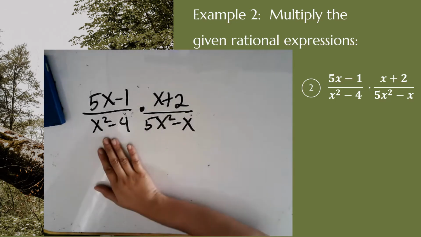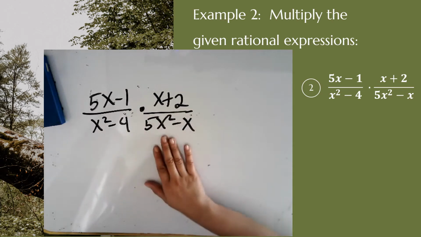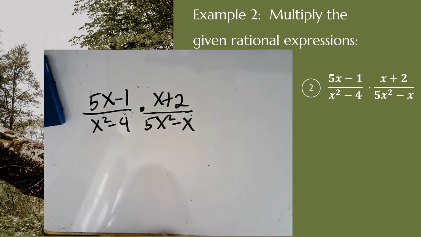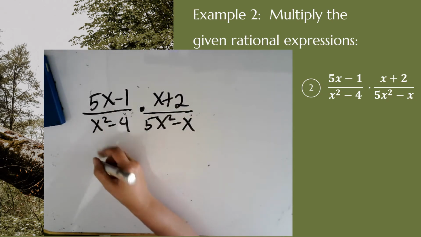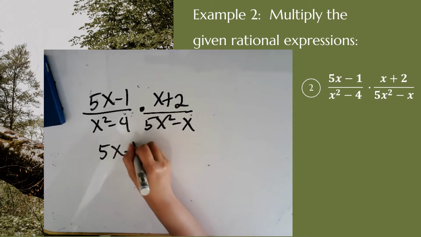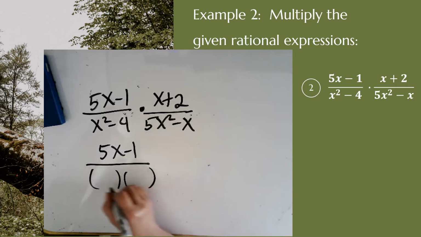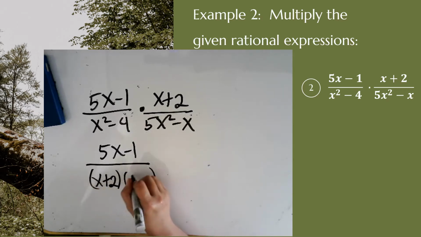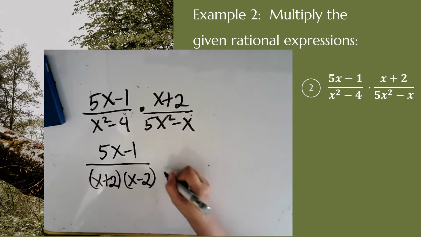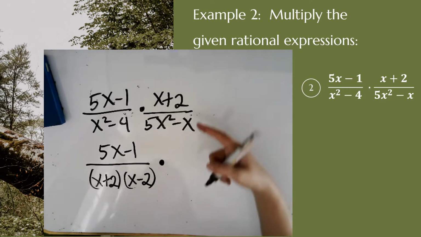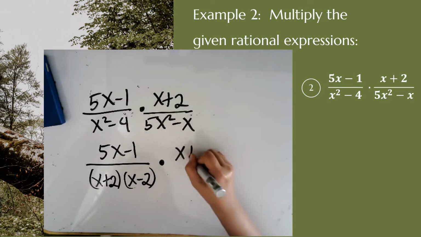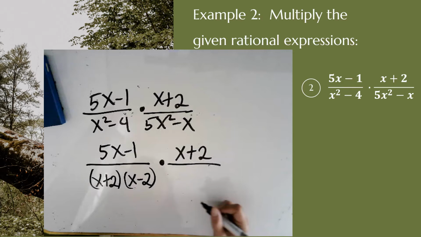So, we can factor x squared minus 4 and we can also factor 5x squared minus x. So we will just copy the numerator 5x minus 1 and then factoring x squared minus 4 will give us x plus 2 and x minus 2, times, copy the other numerator which is x plus 2 over factoring 5x squared minus x.